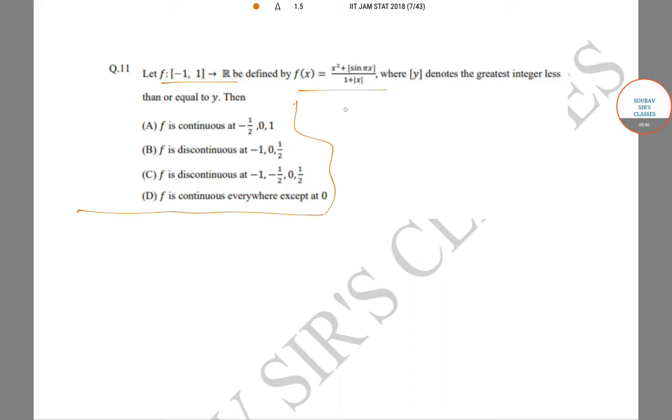Firstly, let us check at 0. At 0, what is limit x goes to 0 positive of x square plus box of sine pi x by 1 plus mod x? Let us look at the graph of sine.